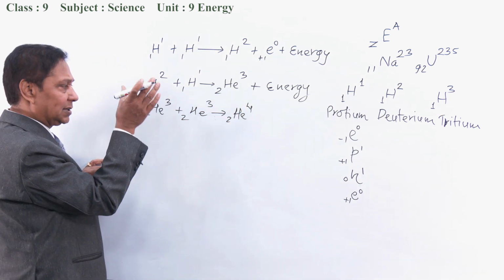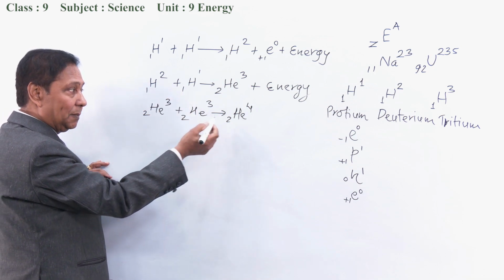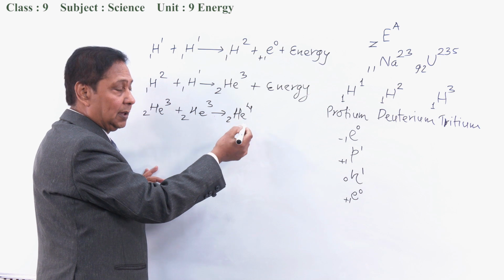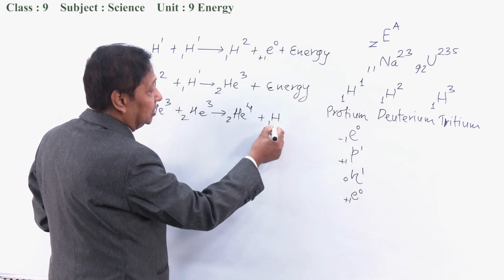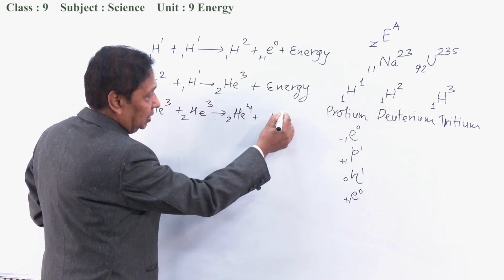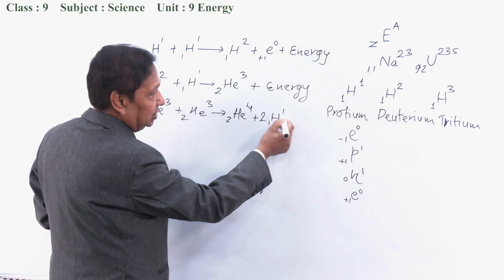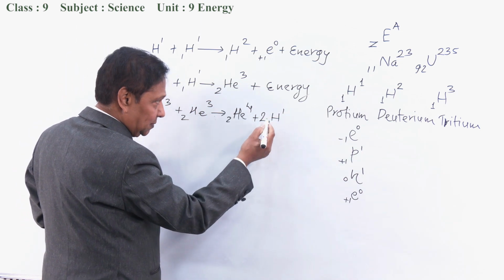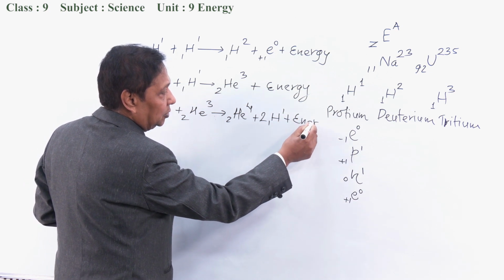In this process, look at this, 3 plus 3, the total atomic mass is 6, but here we have only 4. And 2 is left, that's why 2 protium nuclei separate from this helium. It can be represented by this symbol with the release of a tremendous amount of energy.